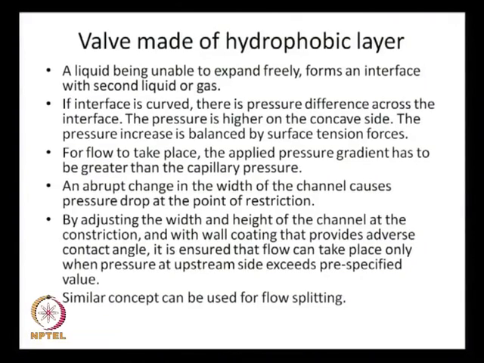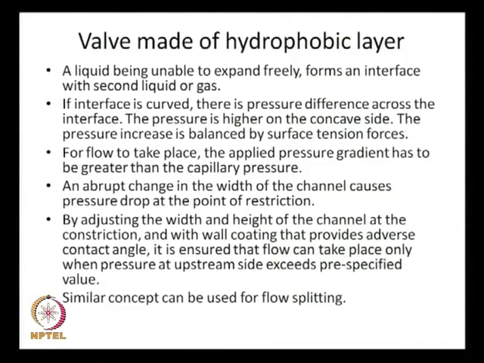Also, an abrupt change in the width of the channel causes pressure drop at the point of restriction. So, by adjusting the width and height of the channel at the constriction and with wall coating that provides adverse contact angle, it is ensured that flow can take place only when pressure at upstream side exceeds a pre-specified value.